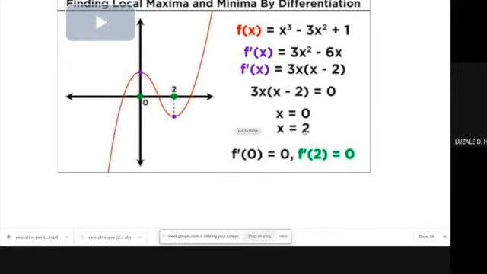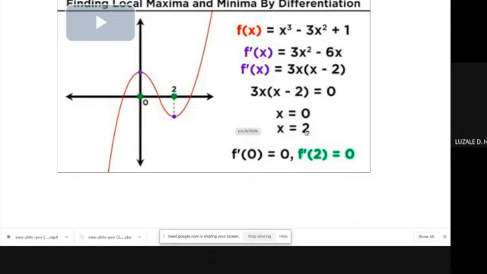These are what we call critical points. When x is 0, what is the value of y? You can solve for y. When x is 2, what is the value of y? So when x is 0, this is 0, this is 0, therefore y is 1. So this must be (0, 1).